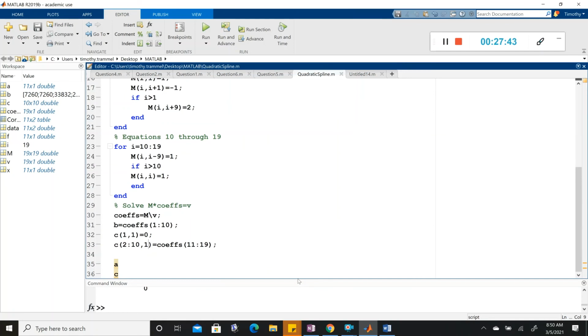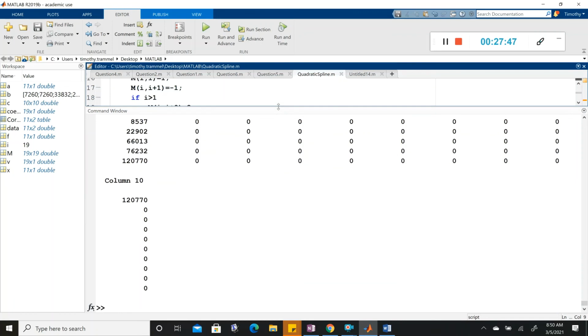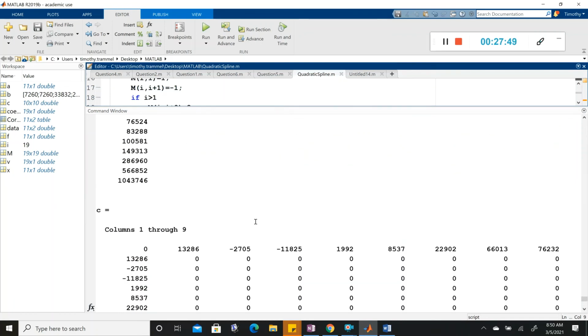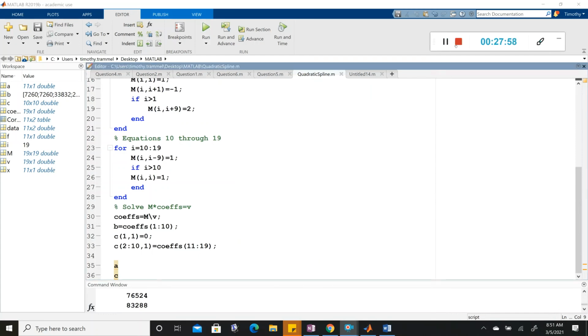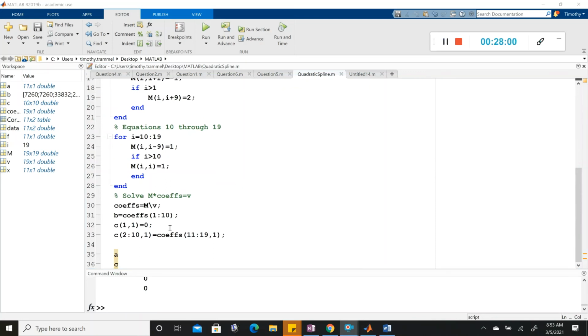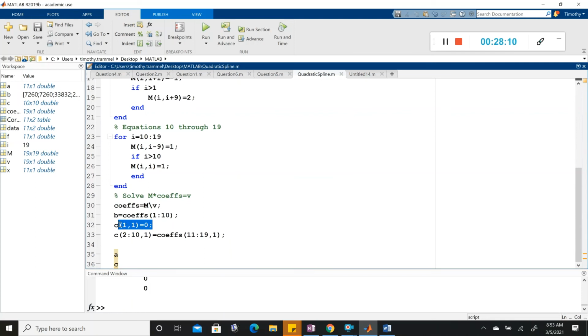I just want to be consistent here. Ooh, that's not right. I think we're having an issue of the fact that I don't have the clear all at the top here. And I think it's mistaking the size of C here.